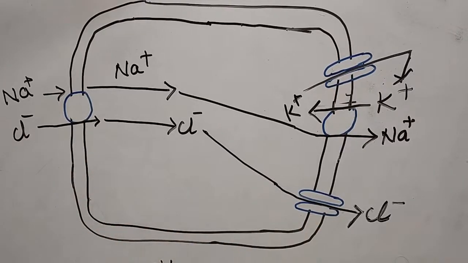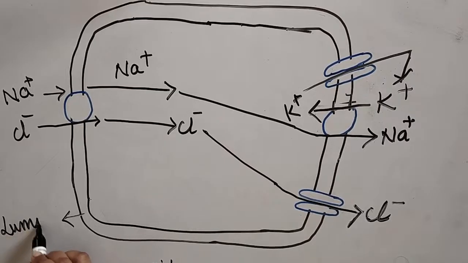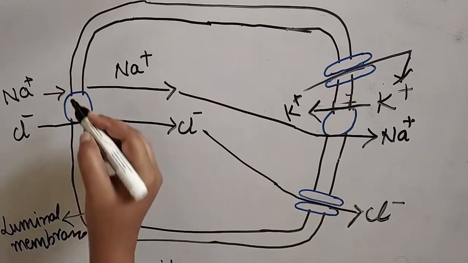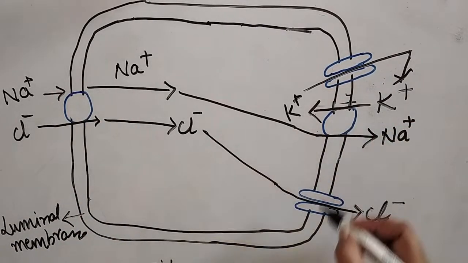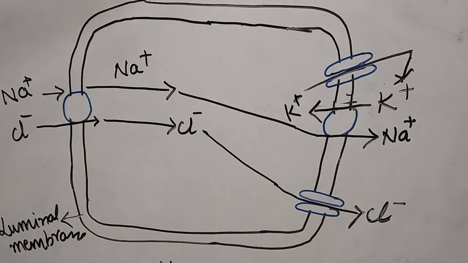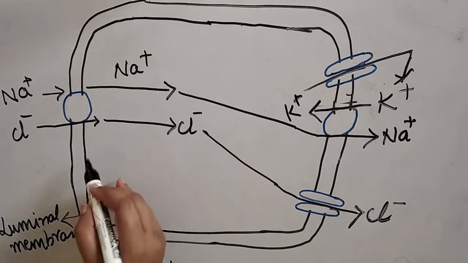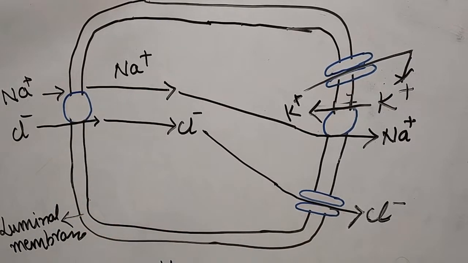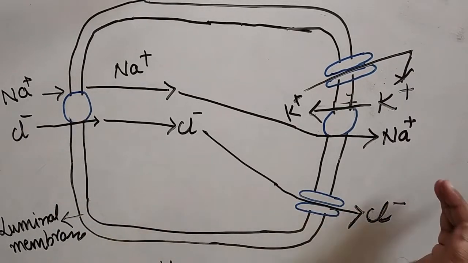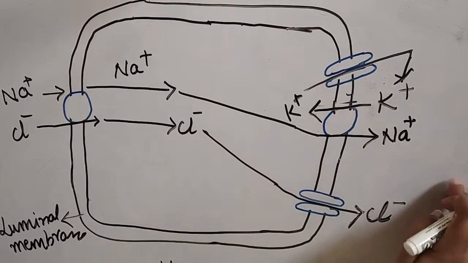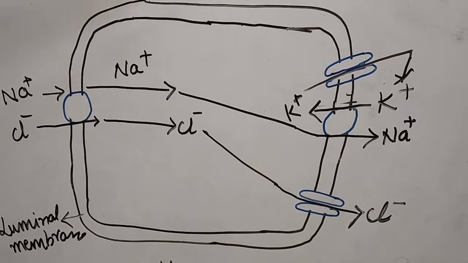Here you can see the luminal membrane, in which different channels are present: first channel, second, third and fourth. Through these channels, ions either enter the distal convoluted tubule or go outside and are reabsorbed in the cortex portion.